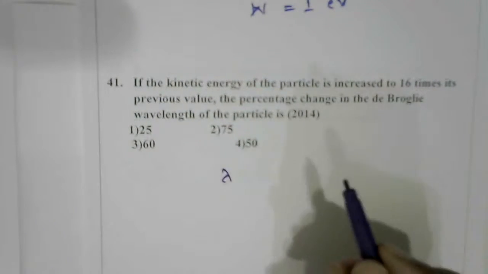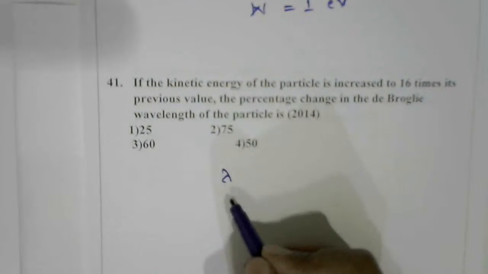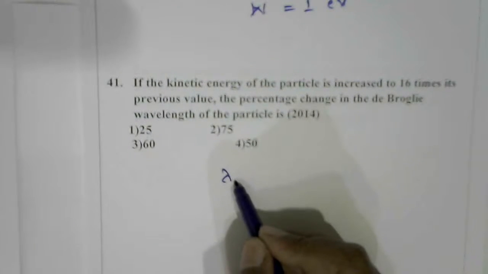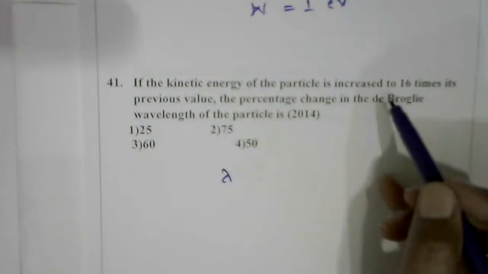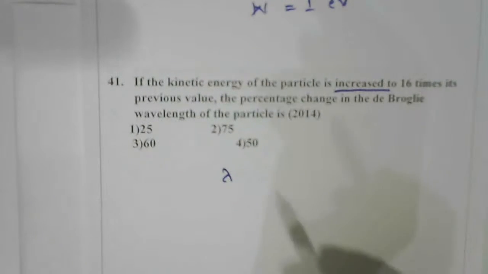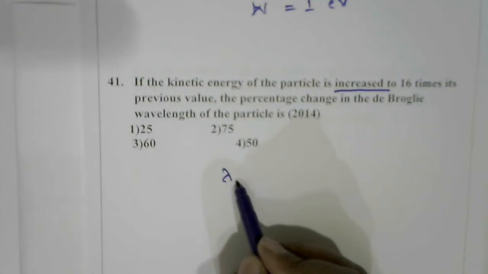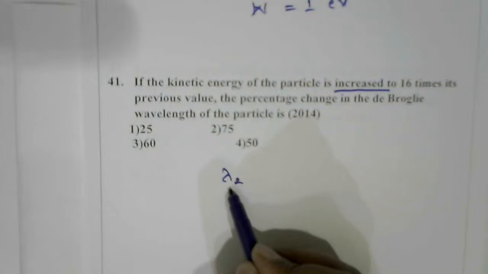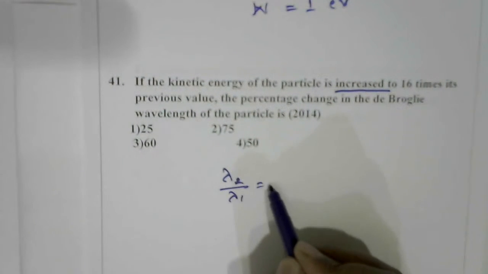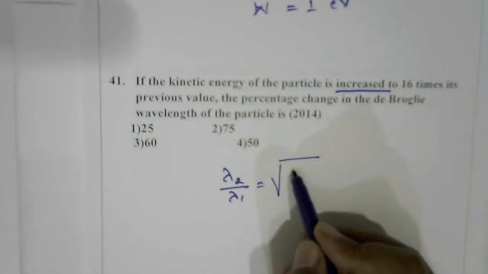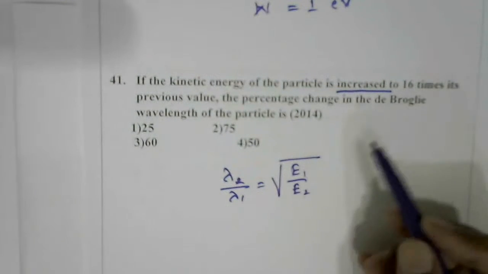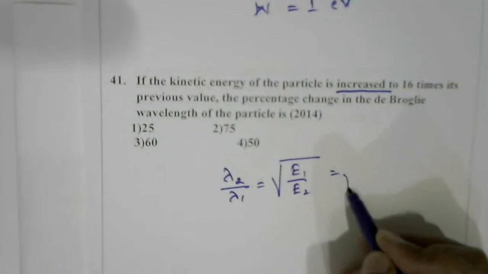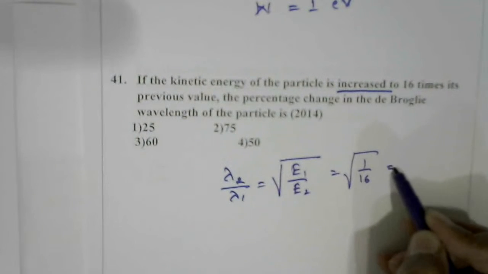See, we know that, since this is a comparison question, wavelength is inversely proportional to the square root of kinetic energy. Since your kinetic energy is increasing, ultimately lambda 2 is going to be smaller than lambda 1. So this becomes square root of E1 by E2. E2 is 16 times, so this becomes square root of 1 by 16, which means 1 by 4.